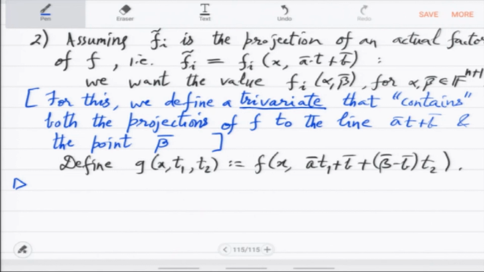G(alpha, 0, 1) is F at (alpha, beta bar).